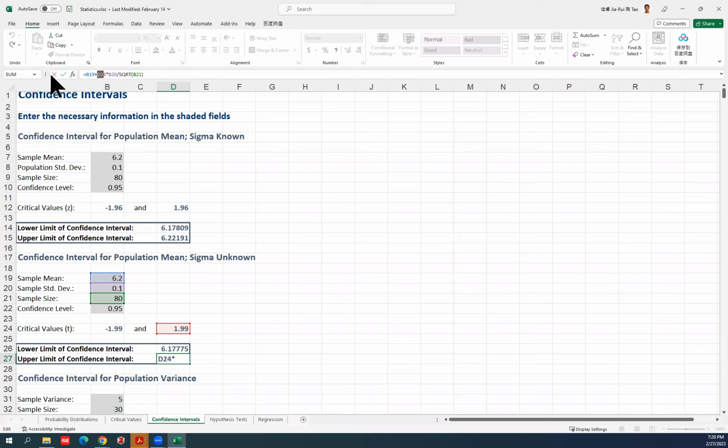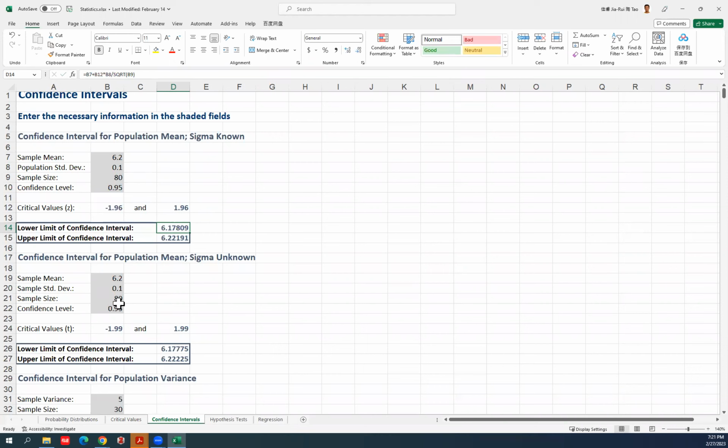That's why in our wrong case where we have sigma known, when the critical value is smaller in magnitude, we would have a shorter confidence interval, because the critical value as one of the multipliers has a smaller magnitude.